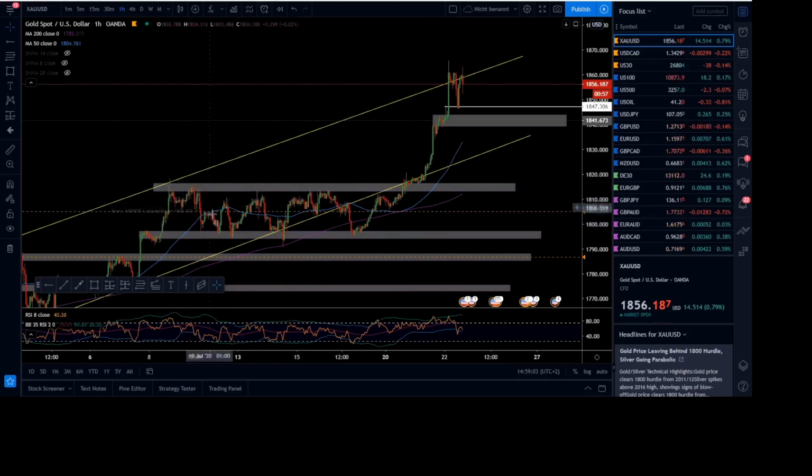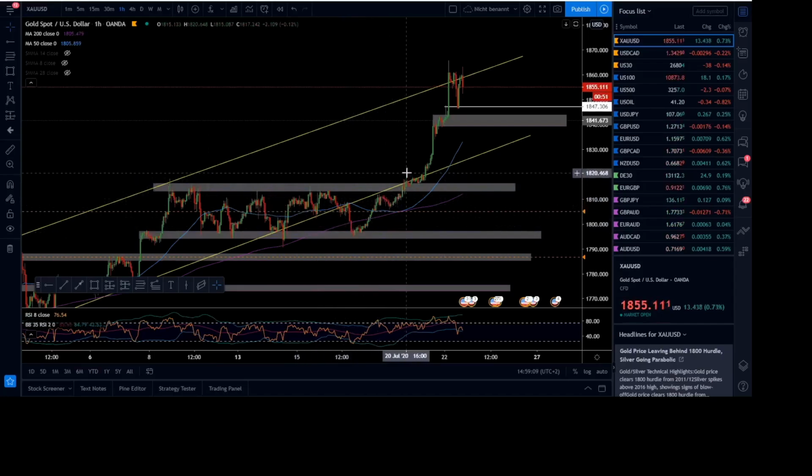This was a sideways channel, and price was messing around in it, but then it clearly broke through, came down, got rejected, slowly started taking off, and this was the area where I was getting in. The stop losses were somewhere around this area here.